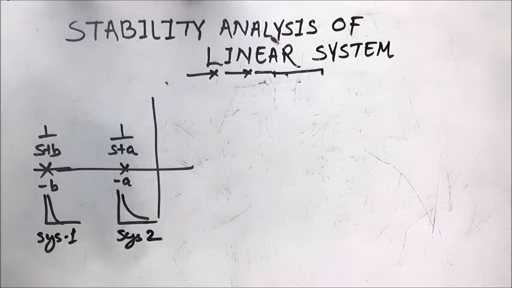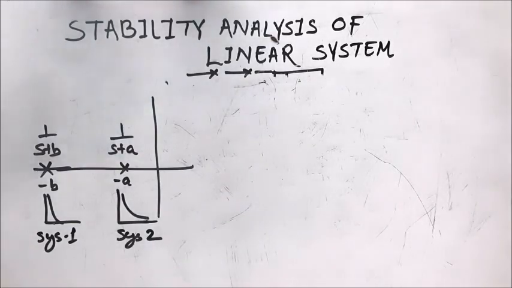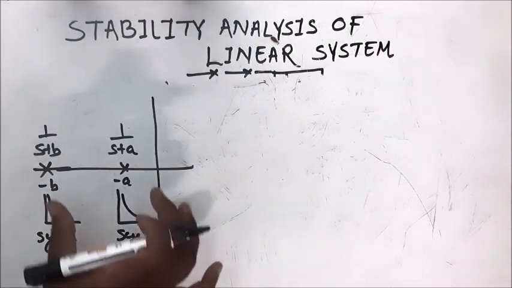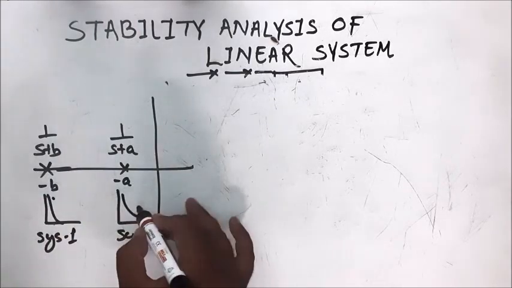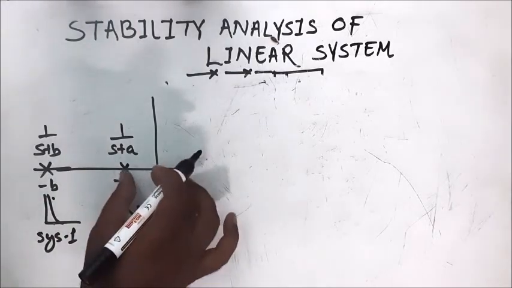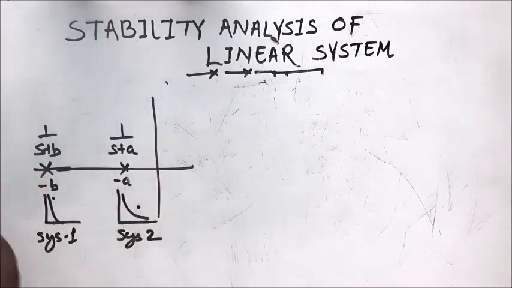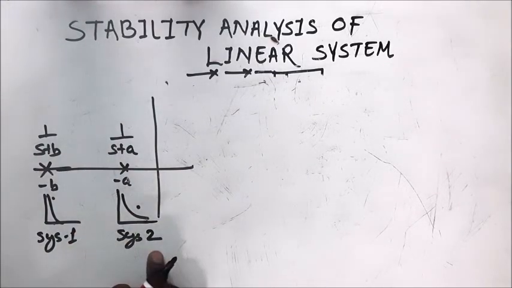We know that the less the settling time, the more the stability. Less settling time is equal to larger distance. So this is less settling time, this is more settling time, this is less distance, this is more distance, so this is more stable than that of this.